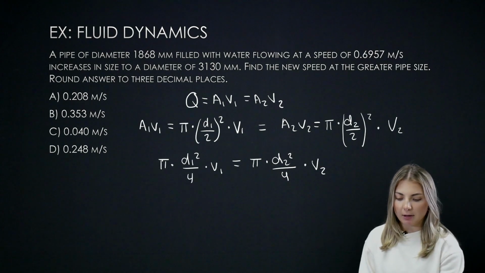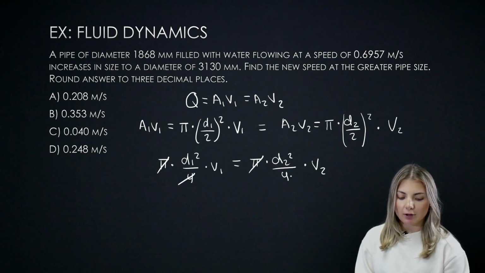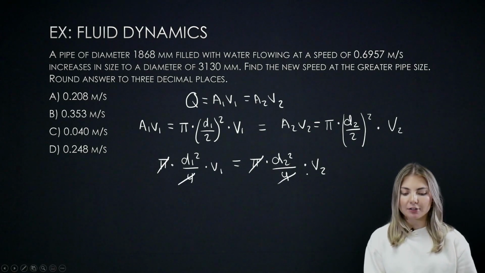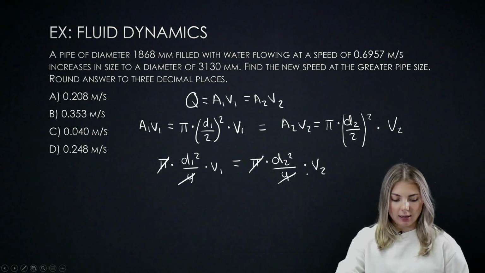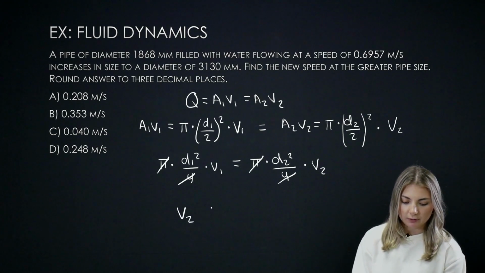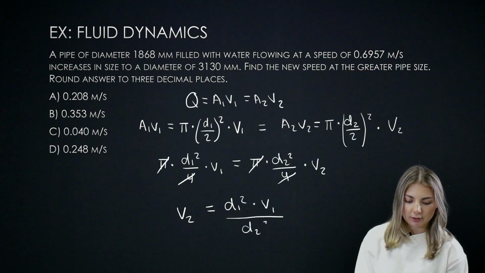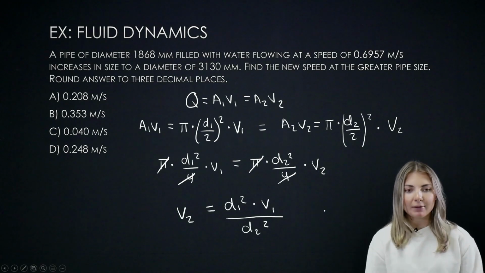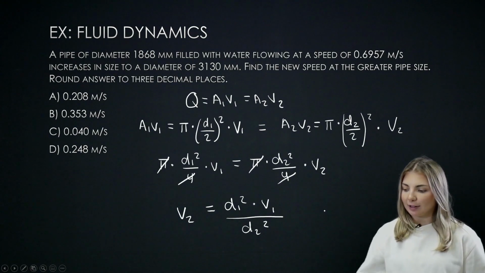So we can cancel out the pi, and we can also cancel out the 4. Now we do not need to find the radius. We can actually just use the diameters given in this question, and we're going to solve for v2. So v2 equals d1 squared times v1 divided by d2 squared.